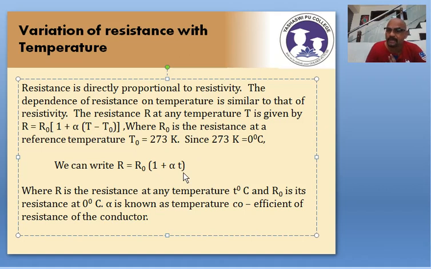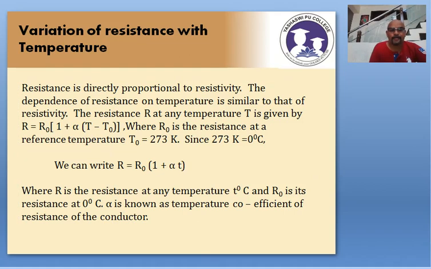T is the temperature in the Celsius scale. So R is the resistance at any temperature T degree Celsius, R naught is its resistance at 0 degree Celsius, and alpha is known as the temperature coefficient of resistance. This is what we were supposed to learn in this class.